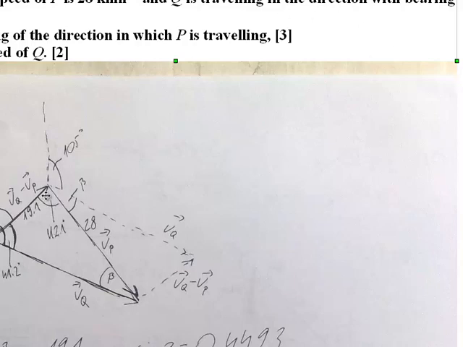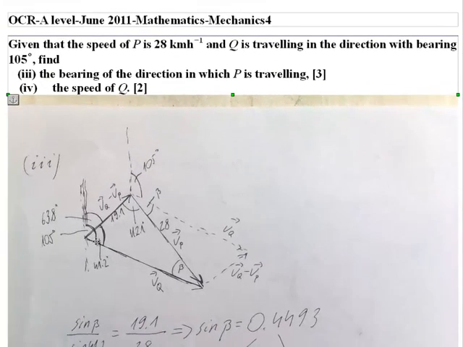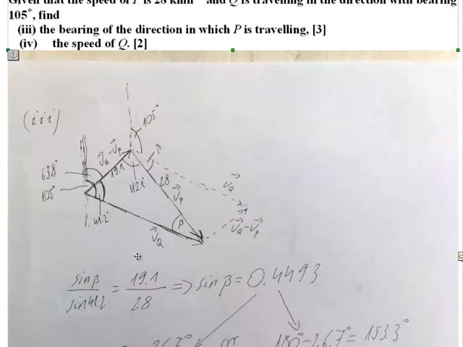This bearing means to the north. So this angle is here, and from this triangle 105 minus 63.8, we get this angle, and we can use this previous formula.